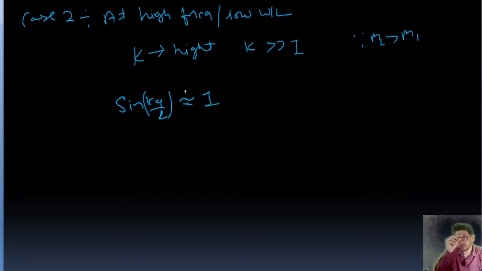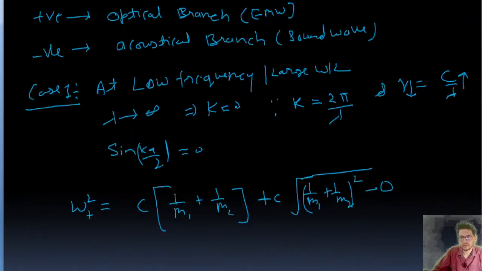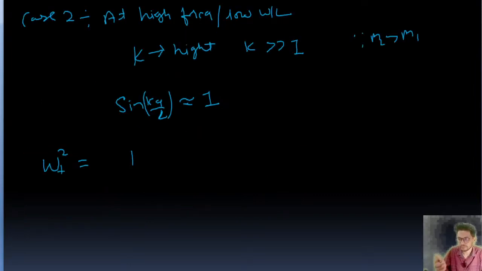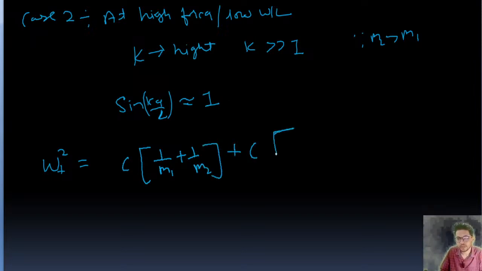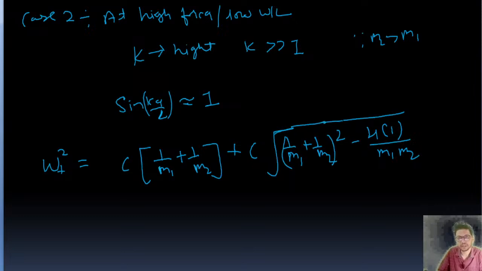In that case, omega plus square is going to be c into 1 upon m1 plus 1 upon m2, plus c root of 1 upon m1 plus 1 upon m2 whole square minus 4 sin square k, whose value is 1, upon m1 m2.